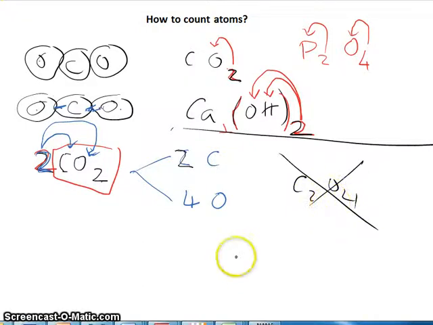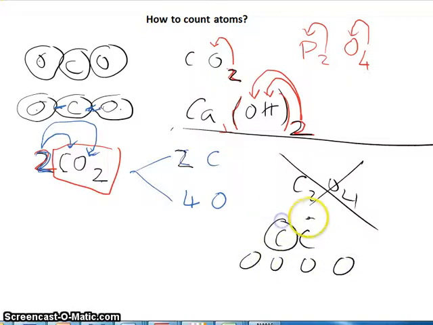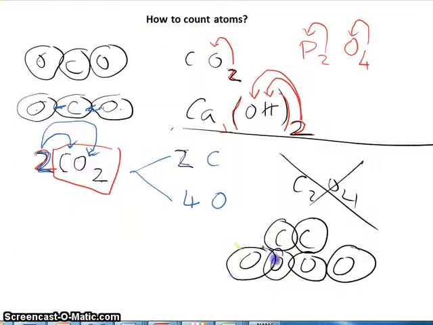Because C2O4 would mean that you have 2 C and 4 oxygen all stuck together into one big giant molecule. It doesn't mean that you have one group of CO2 like so, and then another group of CO2 like so. C2O4 means they all stick together, just like P2O4, that means they all stick together. Okay?